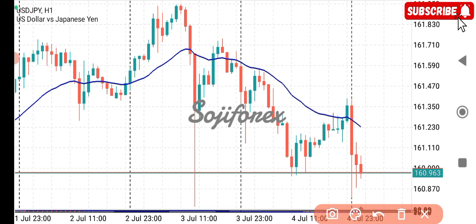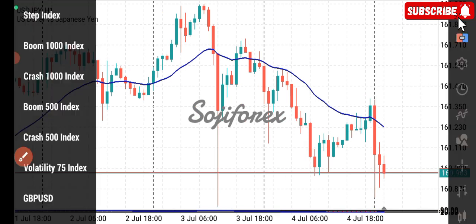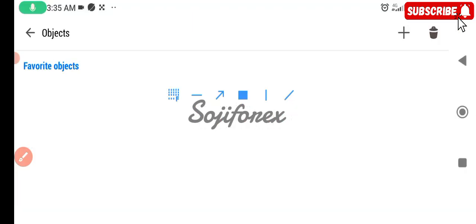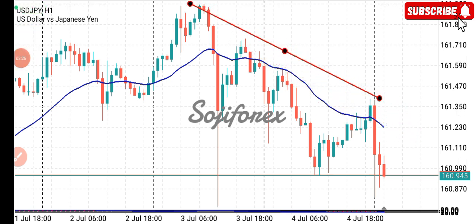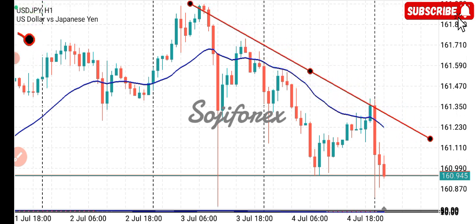Having established our current price condition, we now identify a point where the moving average is making contact with the candle. Here the moving average is making contact with our candle. So since we've established that point, we will pick our trend line and connect our previous history to our current history.